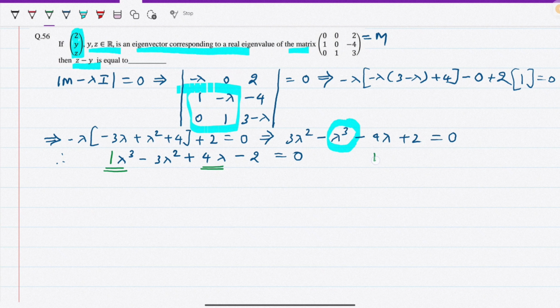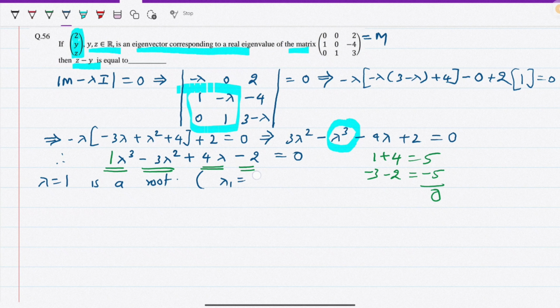So we have got the sum to be 1 plus 4, that's 5. And if you look at the even powers, we have got negative 3 as the coefficient and negative 2 as the constant term, whose sum is negative 5. So their total is 0. So we know that lambda equal to 1 is a root. That means your first eigenvalue is lambda 1 equal to 1.